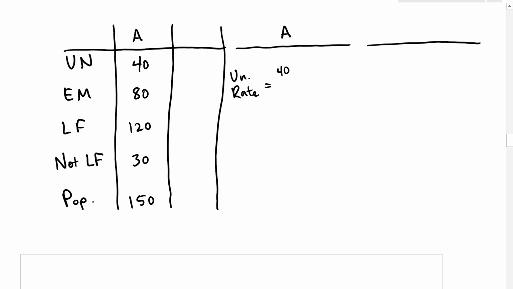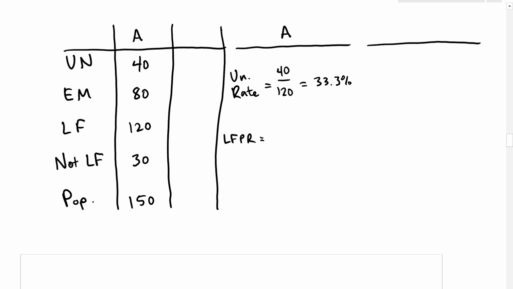That's unemployed, 40, divided by the labor force, 120. 33, let's just do 33.3%. Okay, let's do the labor force participation rate.